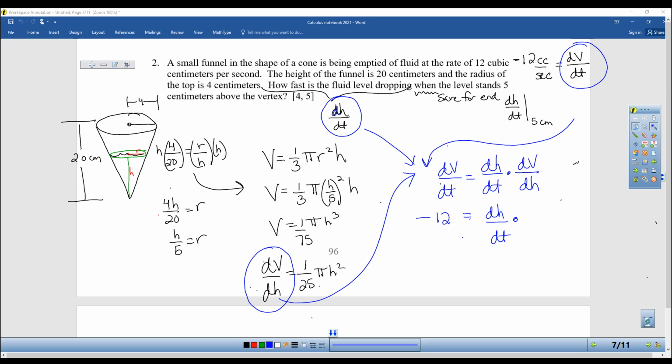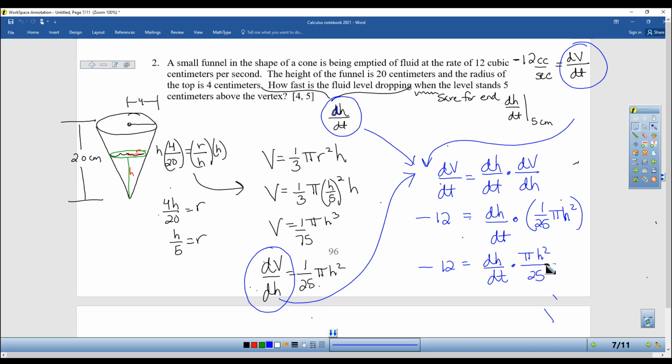Times dV dH, which is right there: 1 over 25 pi h squared. -12 is equal to dH dt times... let's see what's the best way to do this.